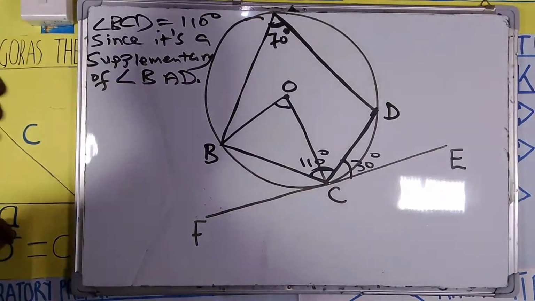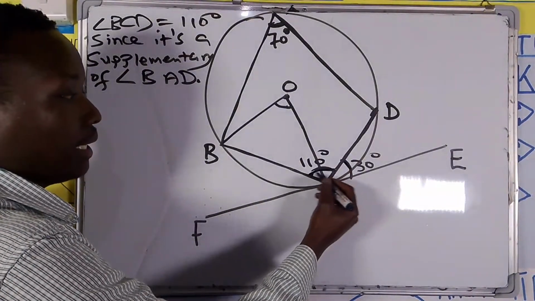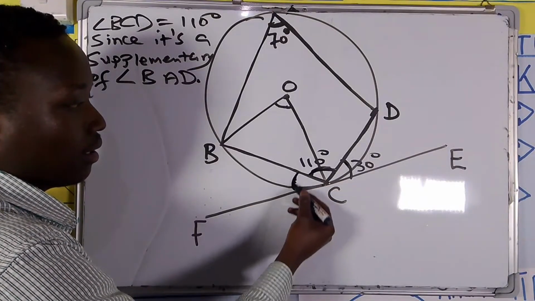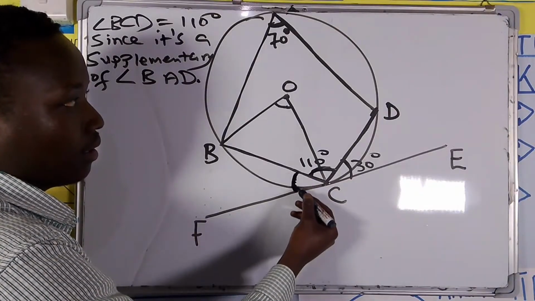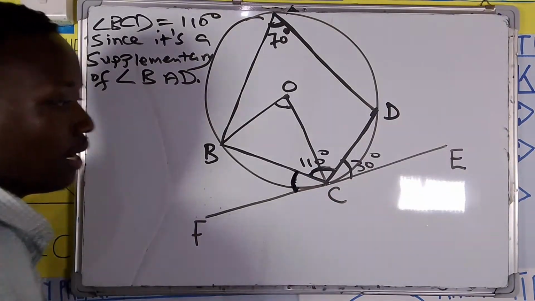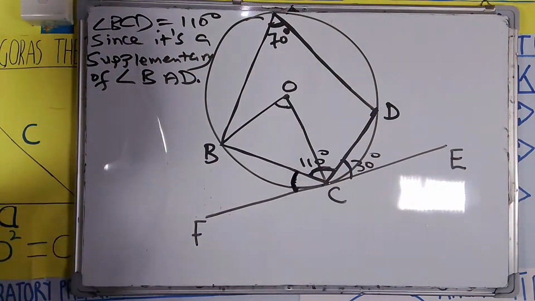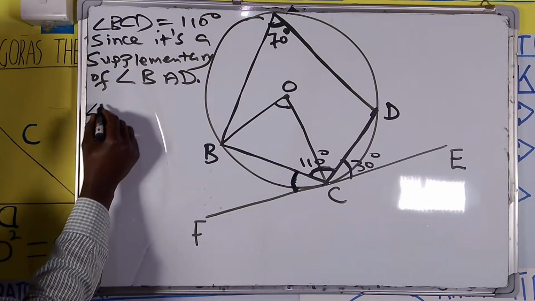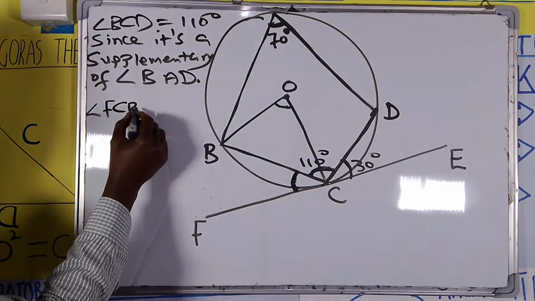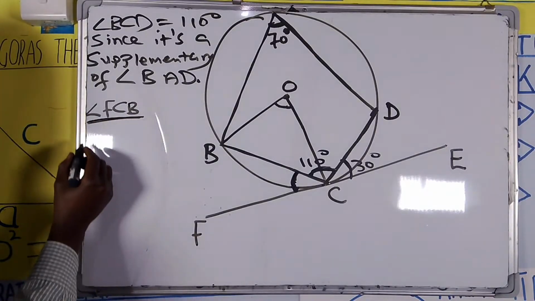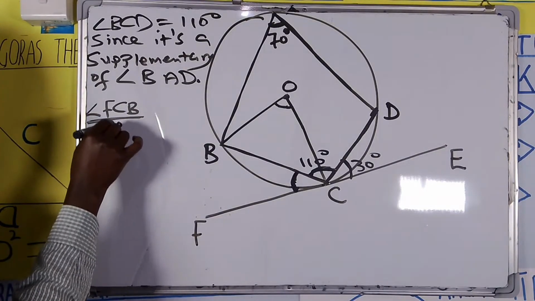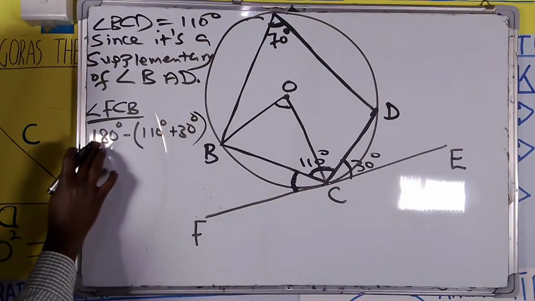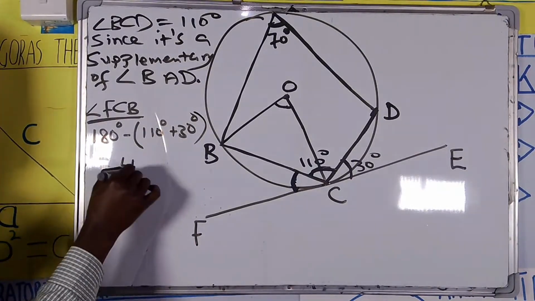So we have this being 30, we have this being 110, we can get this one. These are angles on a straight line. So angle FCB will be 180 degrees minus 110 plus 30. So 180 minus 140 will be 40 degrees.